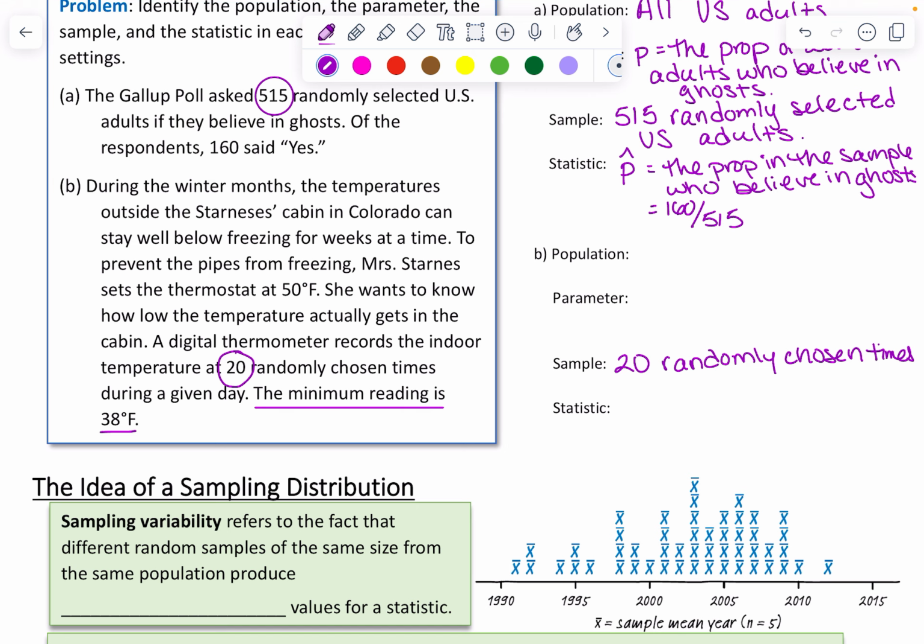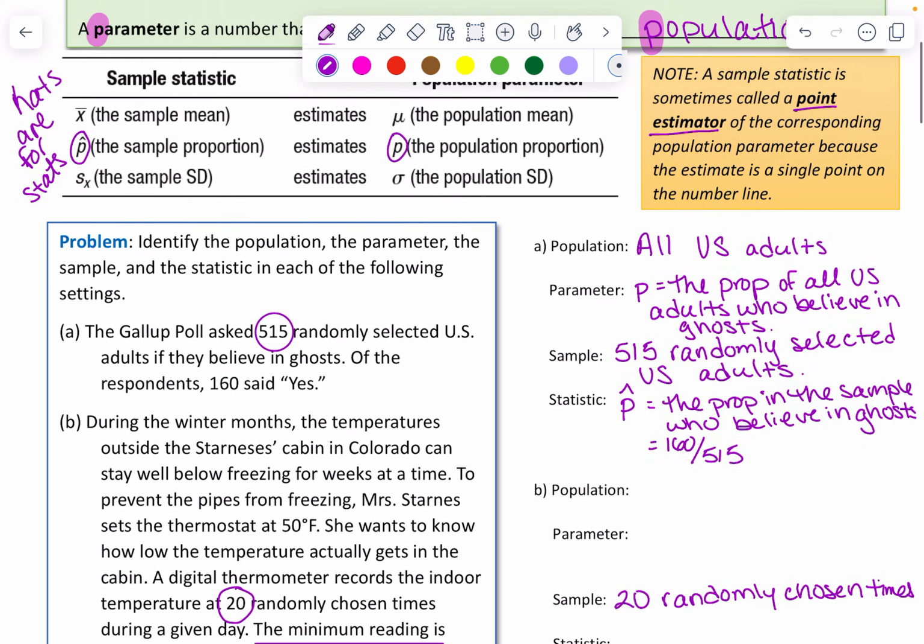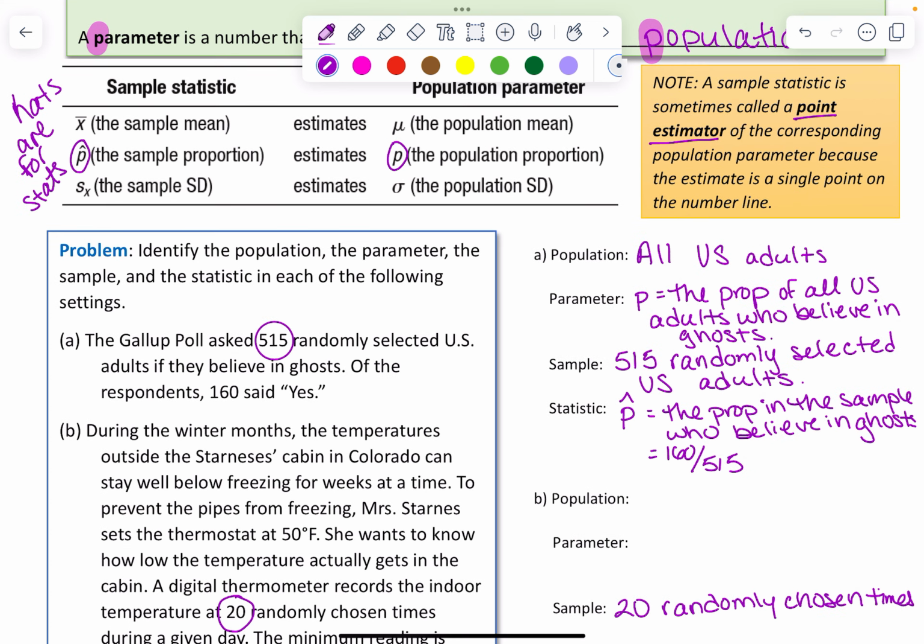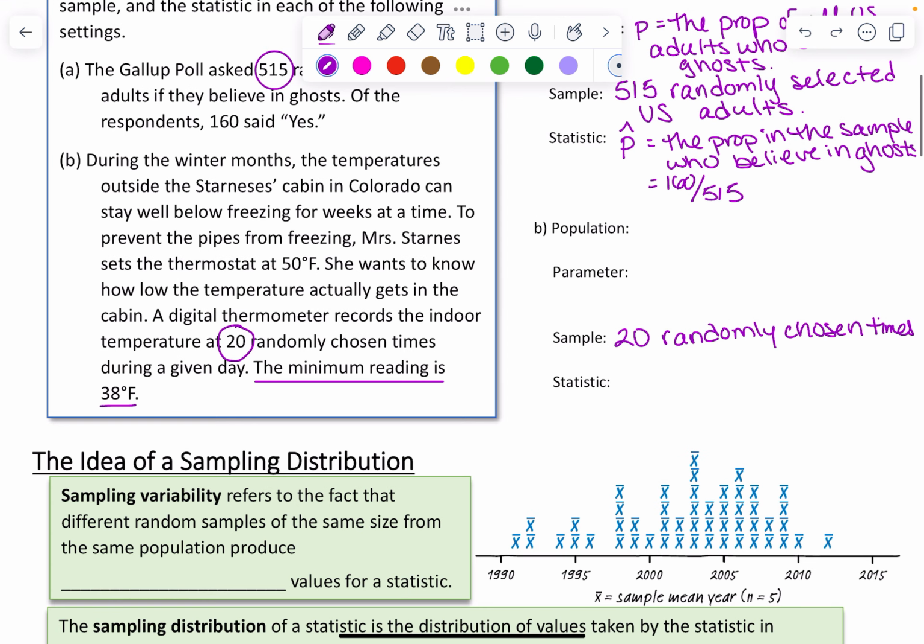So there's no symbol for that, right? Over here, none of these are for the minimum. So we're just going to write down the sample minimum temperature, which was 38 degrees.